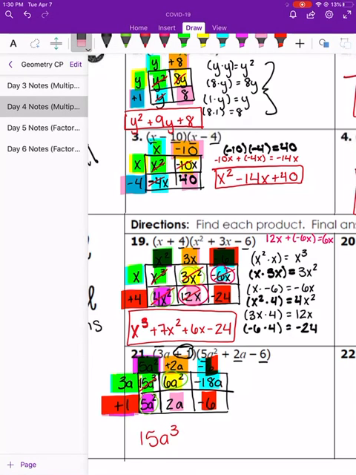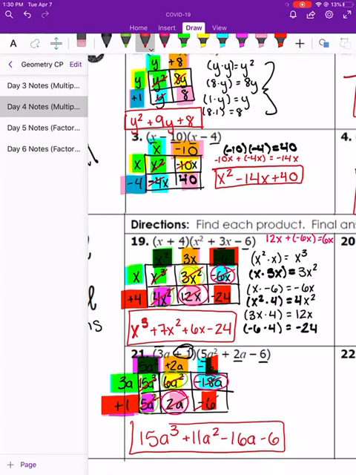I keep going to this black. I don't mean to. Then I have negative 18a plus 2a, which is negative 16a. And then the last thing I'm left with is the minus 6. And that is your answer.